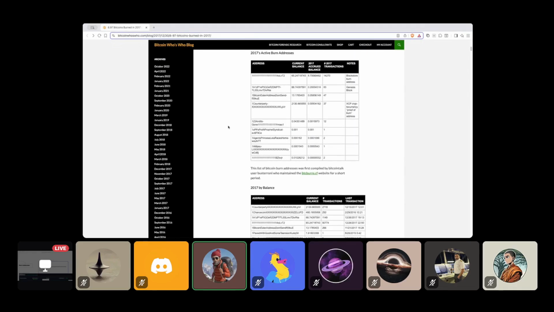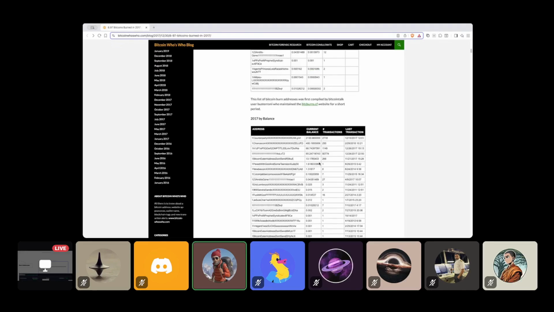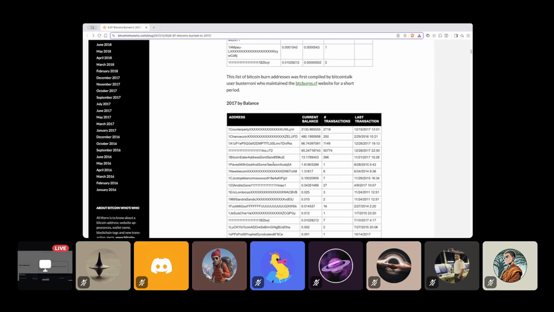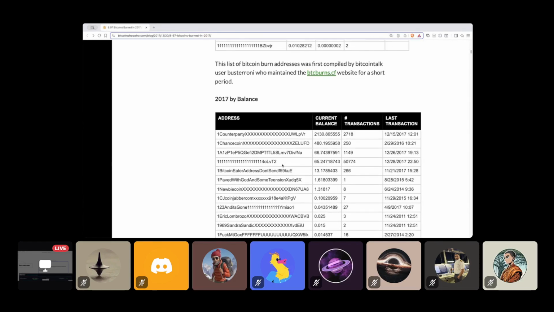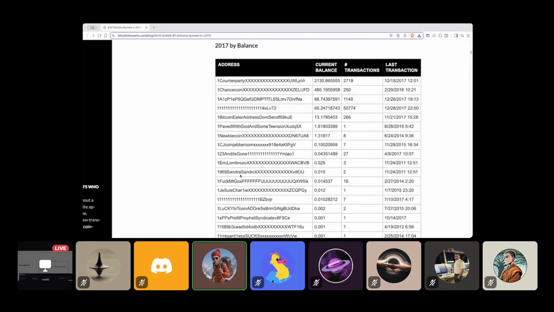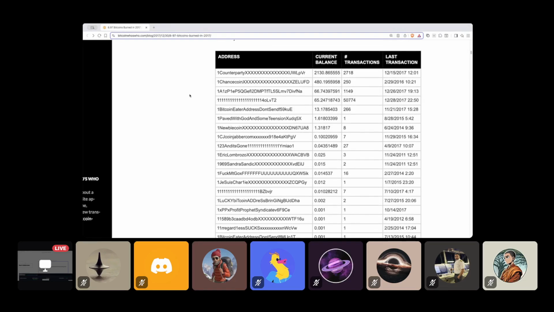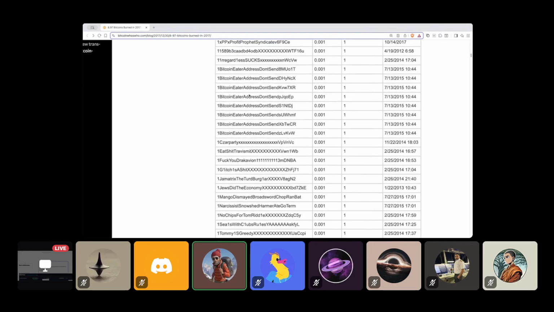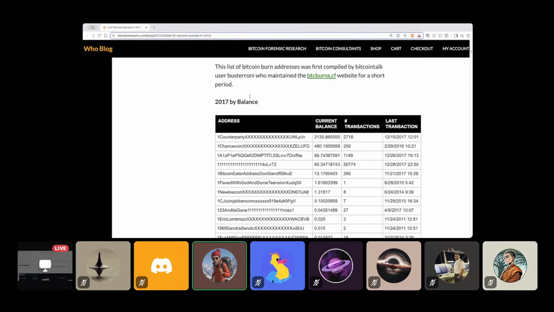So these are all the burn addresses that are out there. So top of the list, there is this burn address called counterparty something something, and it has like 2130 BTCs in there. Those are gone forever. Then the list goes on. So you have people creating crazy addresses. I don't know why people create these kinds of addresses and burn stuff into it.